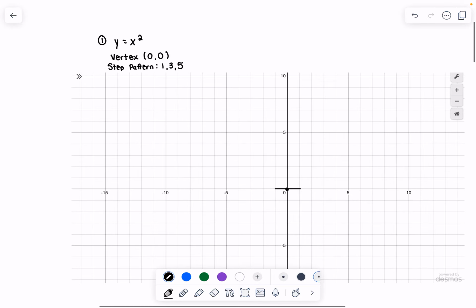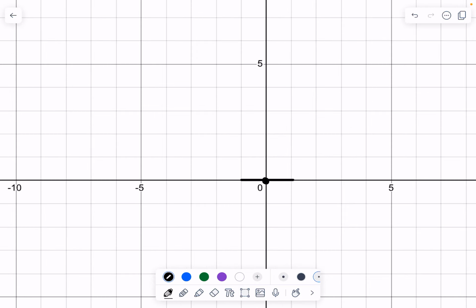And you're going to go up by 1 unit. So your step is actually the vertical movement. You're always moving over by x equals 1 unit, but your step pattern tells you how much you're going to move up or down along the y-axis.